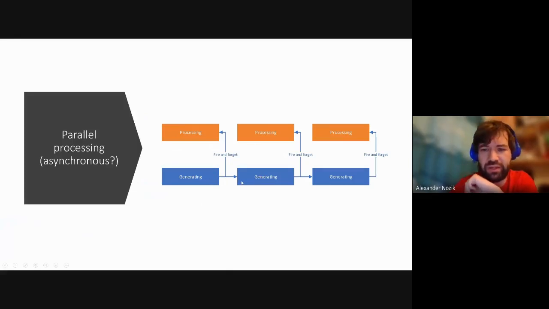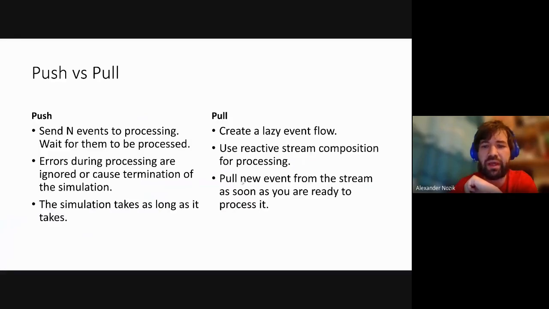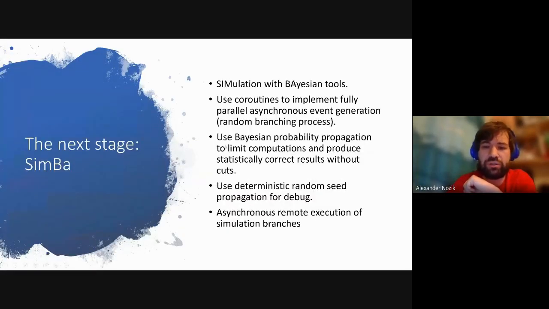So it's a little bit more complicated. What is important is that we will use Bayesian probability propagation to limit the number of computations we need to do in order to get the result. I won't get into details right now, maybe later.